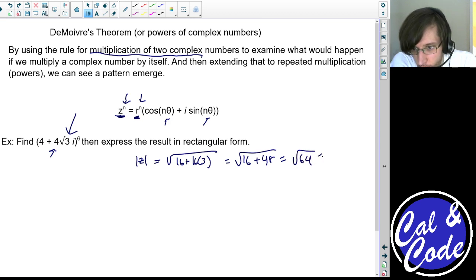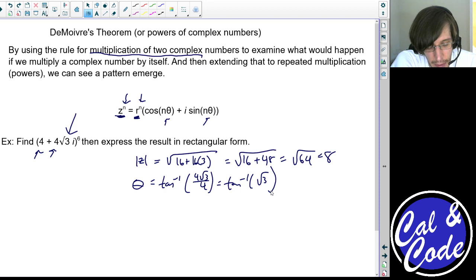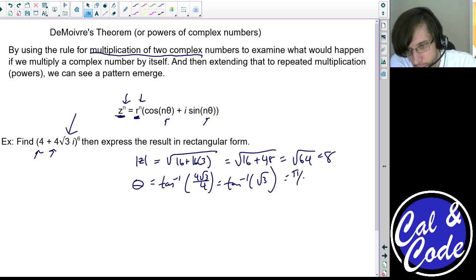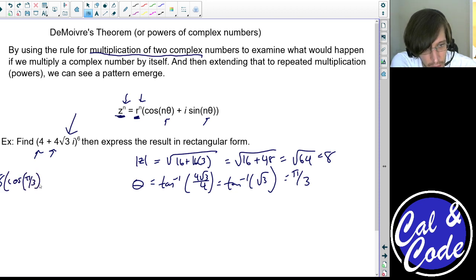So the square root of 64 is 8. For theta, this a is positive, so I can just do the inverse tangent of 4 root 3 over 4, which is the inverse tangent of square root 3. And tangent is root 3 when we're at pi thirds from the unit circle. So to write this in polar form would just be 8 times the cosine of pi thirds plus i times the sine of pi thirds.